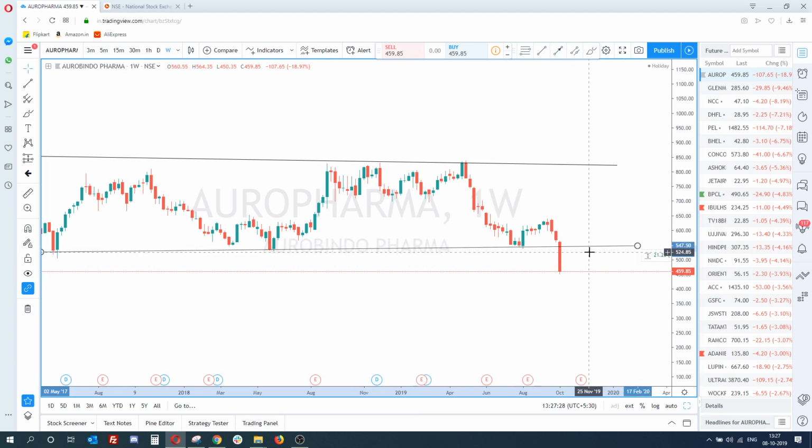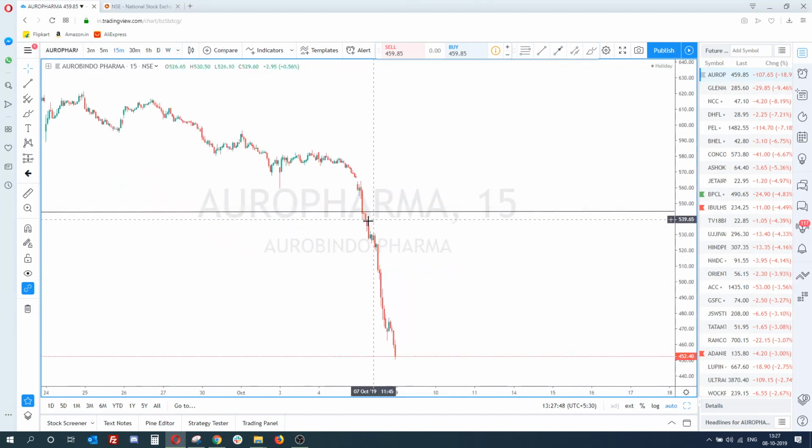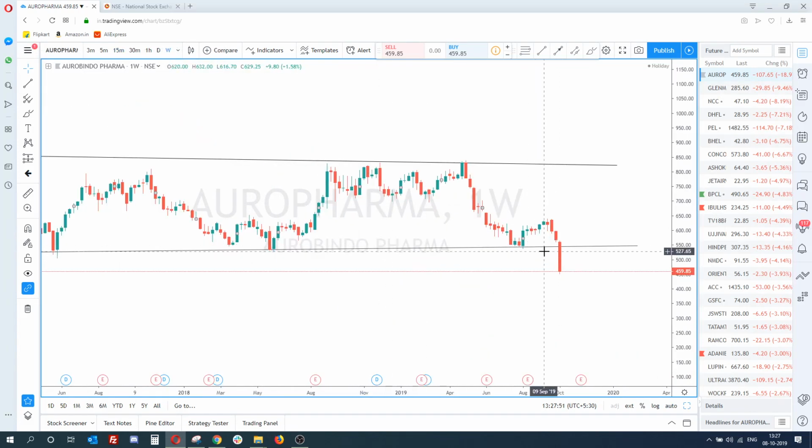Let's assume I was busy with some other stocks. The stock will touch the trend line here, and it will send me a notification that the stock has touched the trend line. That gives me an indication, and I will put my strategy on it and make a trade.